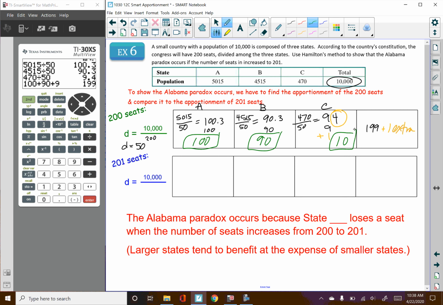Let's compare that to the apportionment with 201 seats. If we divide the 10,000 by 201 seats, our divisor changes to 49.75. I think it'll be okay if we round to 2 decimals there. So we have to do another apportionment where we're dividing by 49.75.